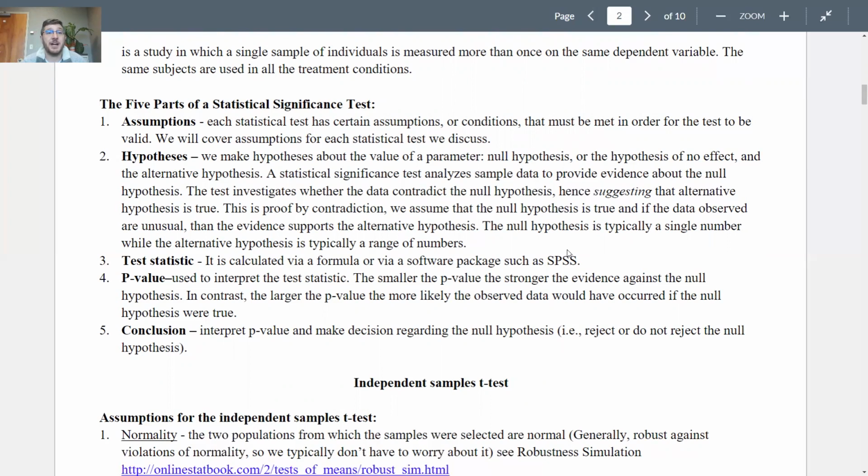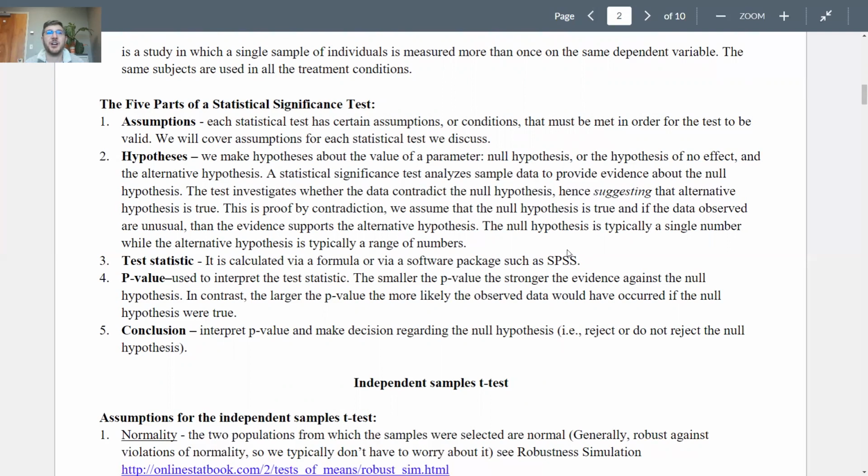So we'll talk about the different assumptions that all of our tests make. We also have hypotheses. So we'll make a hypothesis or a guess about a population parameter. Typically, we'll make what's called a null hypothesis, or it's a hypothesis of no difference, because in hypothesis testing, as we talked about in last module, it's more of proof by contradiction.